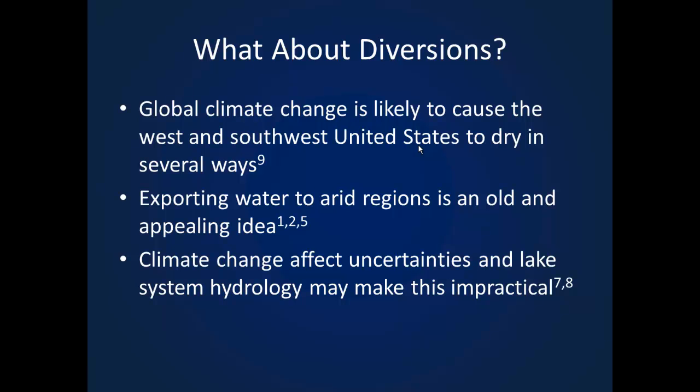There's a certain sense of nationalism that we help out our fellow citizens of the country by exporting water to them and alleviating their water stress. But there's a lot of climate change uncertainty, and as I discussed earlier, the lake systems aren't really as renewable as we think they are because of those long retention times. So it may not be wise to export a bunch of water until we have more certainty about how the system is going to operate when exposed to climate change.